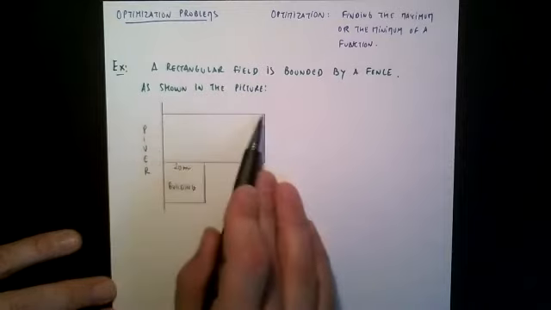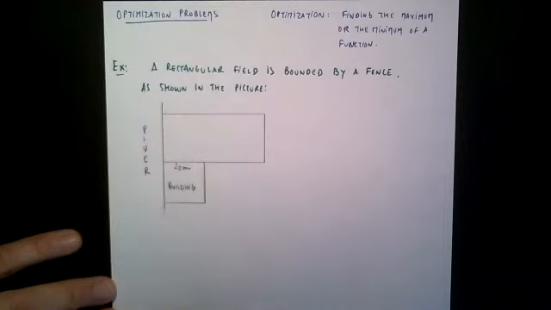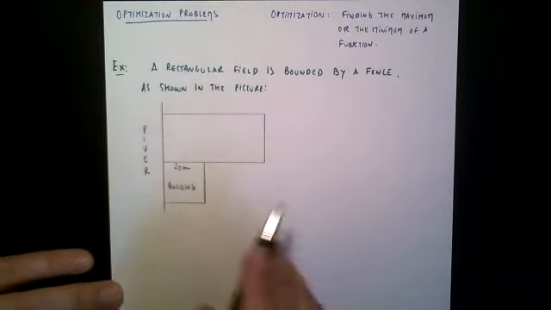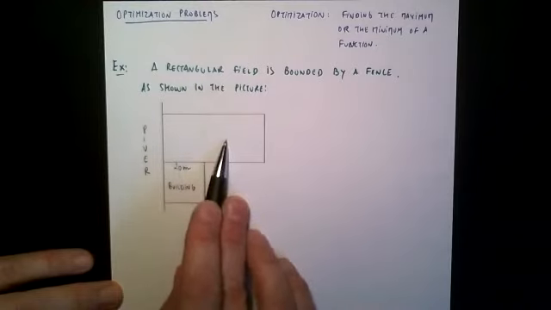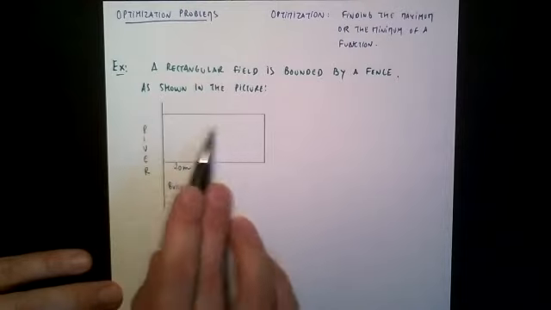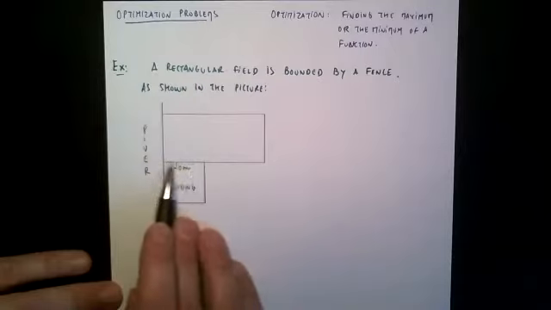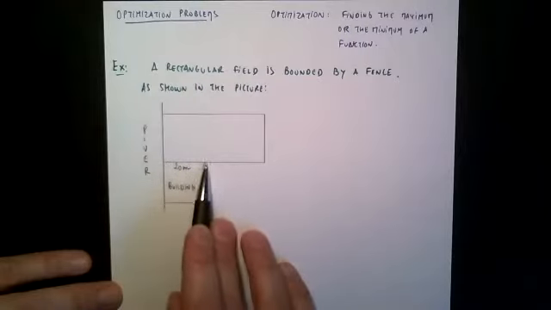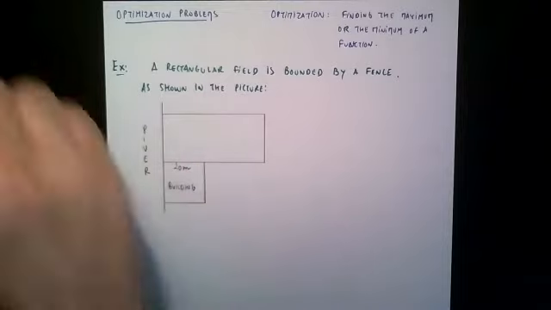I just need a fence here, here, and here to enclose my rectangle. If I have animals here, they won't escape, and there's a wall here of the building, so I don't need a fence there.